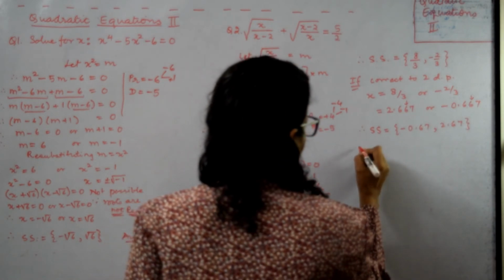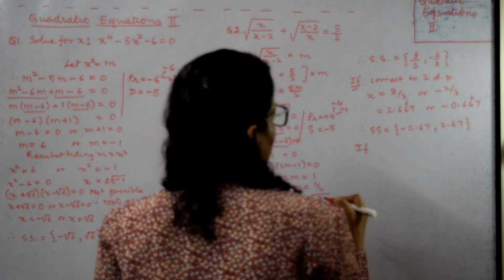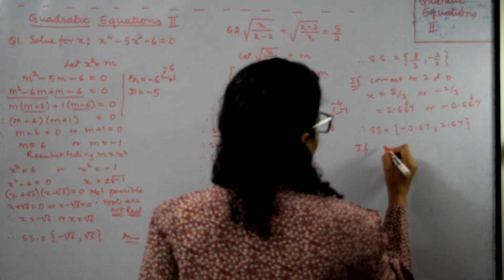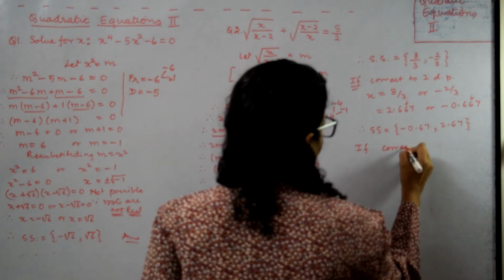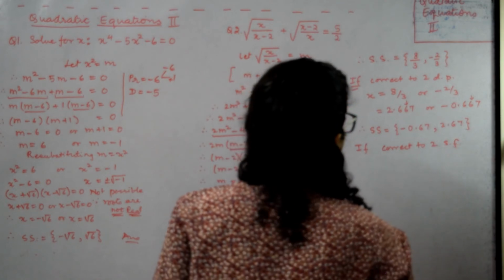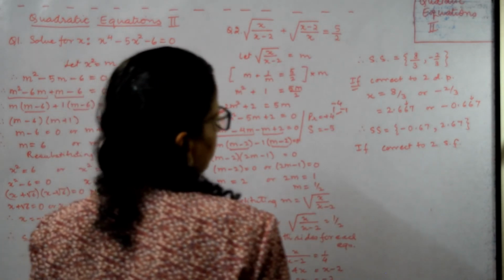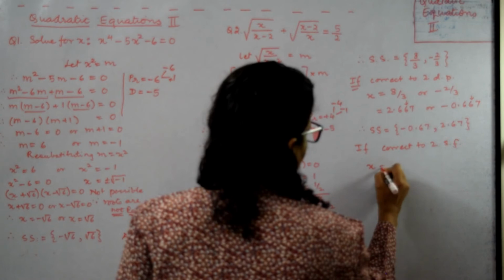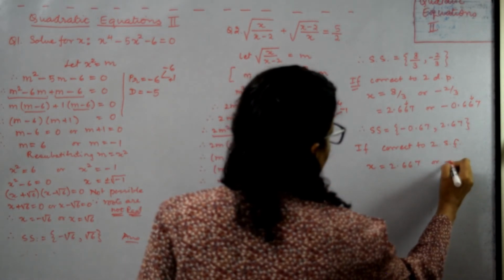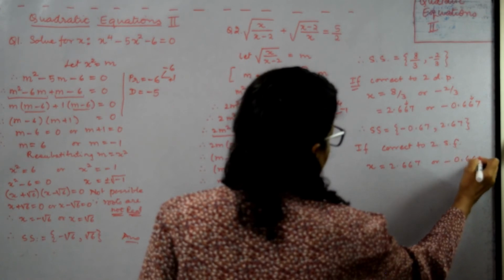Let us take another case where sometimes in ICSE they will ask you to give your answer correct to 2 significant figures. Now in case of significant figures, remember what is your x? X is 2.667, or it is minus 0.667.